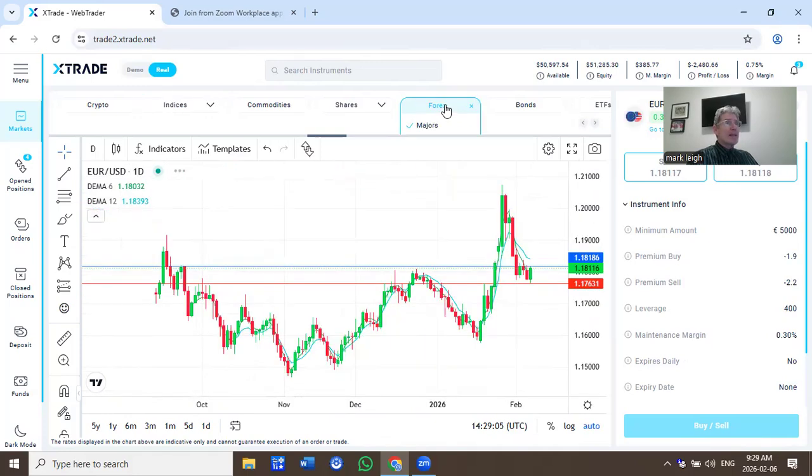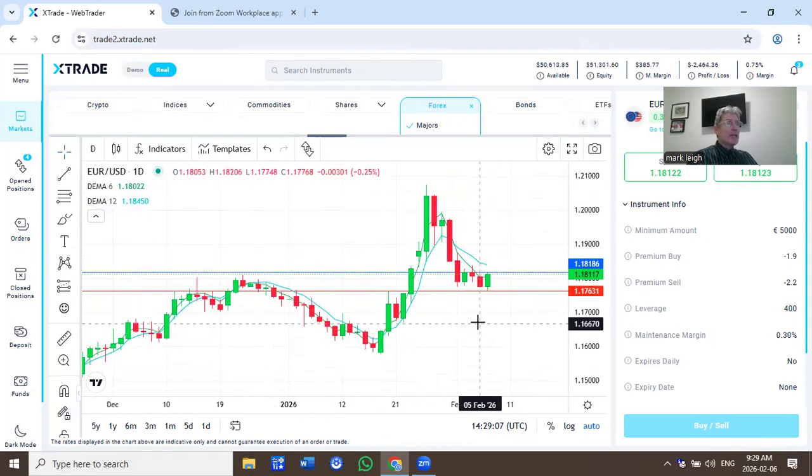Let's have a look at the majors. Here you see weak US dollar against the euro as well. That's the euro fighting back. Green candlestick, recouping yesterday's losses. I've got support at 117.63. I've got resistance at 118.18. The buyers of euro, sellers of US will look to test, break above this level, this intraday resistance.